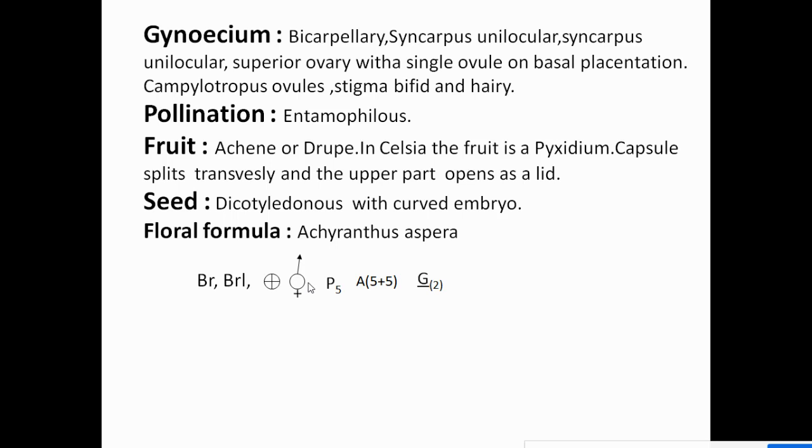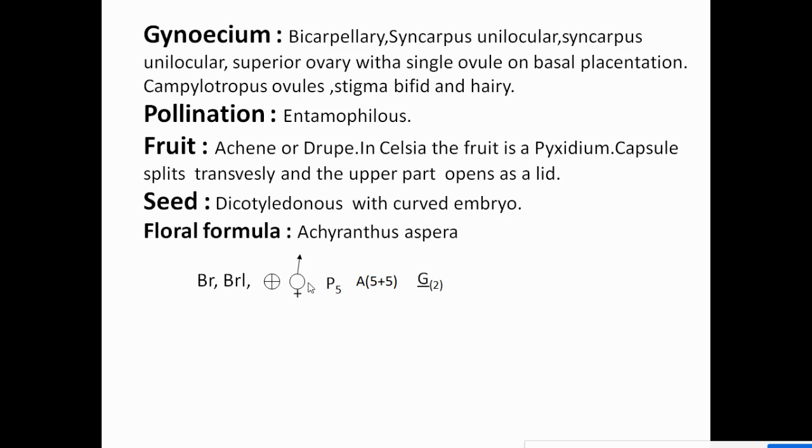The fruit is an achene, a dry indehiscent fruit, or sometimes a fleshy drupe, and in Celosia the fruit is a pyxidium, which is a capsule where the upper part lifts off as a lid while the inner seeds are dispersed. The seed is dicotyledonous with a curved embryo.